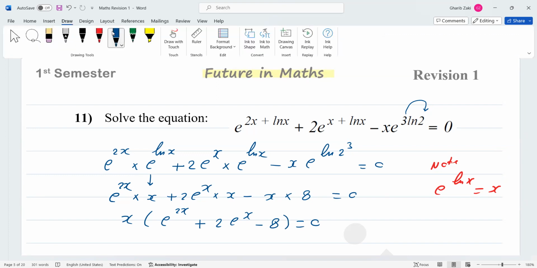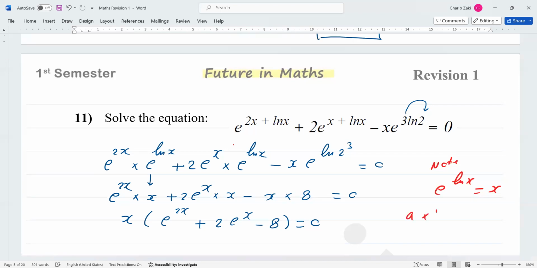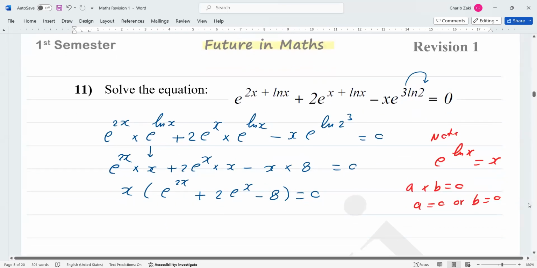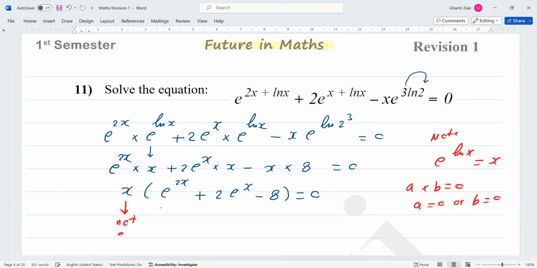Product of two numbers or things equals 0. So if a multiply b equals 0, then a equals 0 or b equals 0. But here, x is a number. So this x cannot be 0.